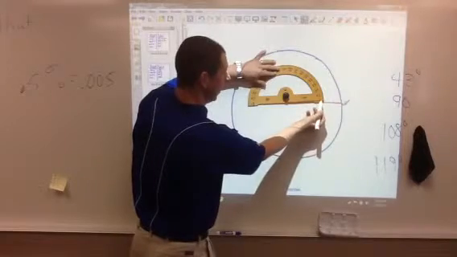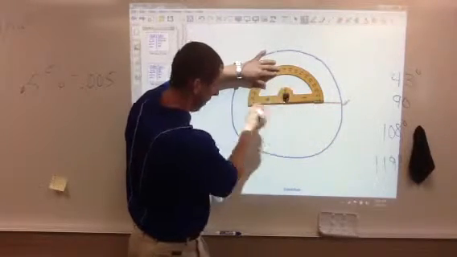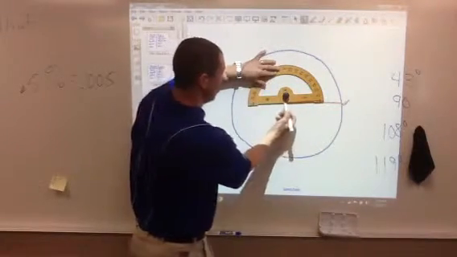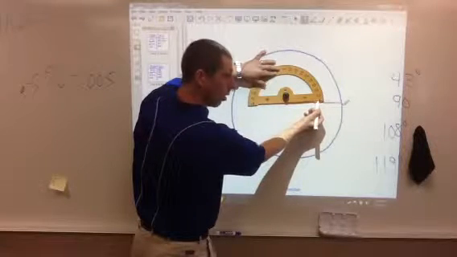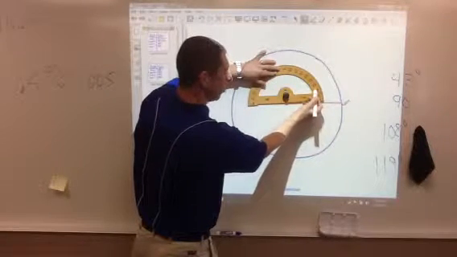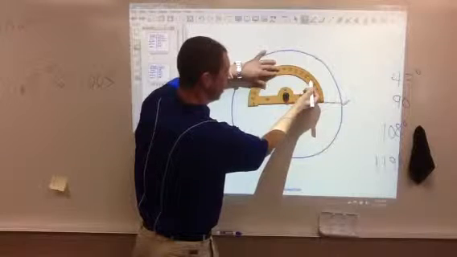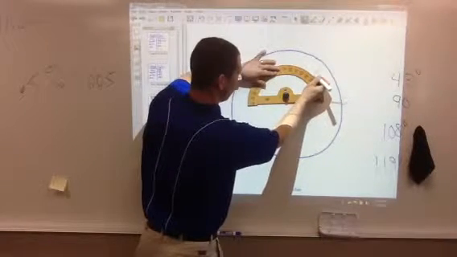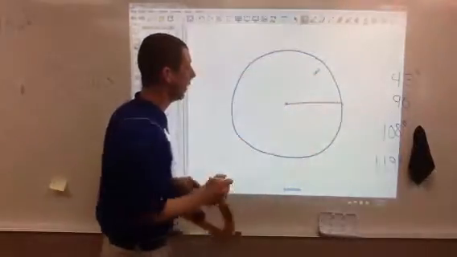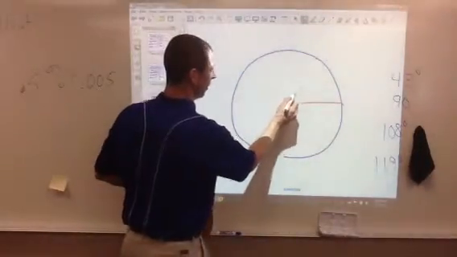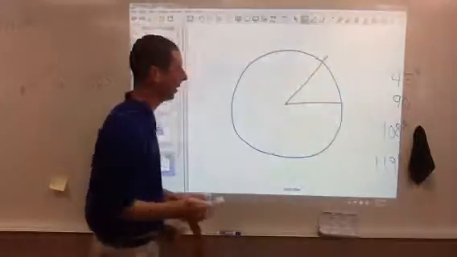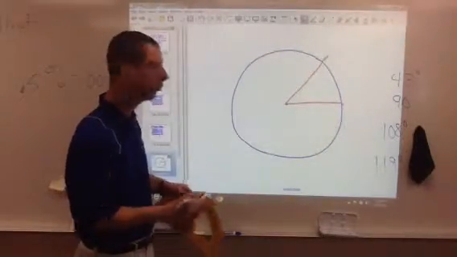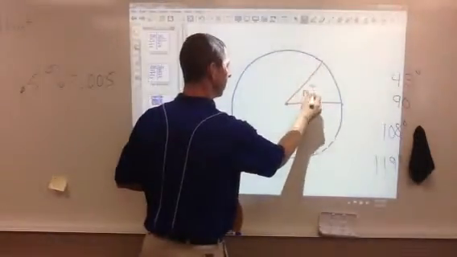The 180 is actually for measuring angles going the opposite way. You follow it out, you have to start with 0. 10, 20, 30, here's 40. We need 43, so I'm going to put a little mark right there. Now if I draw a line from here through that mark, that is roughly 43 degrees. I can label that sector math.